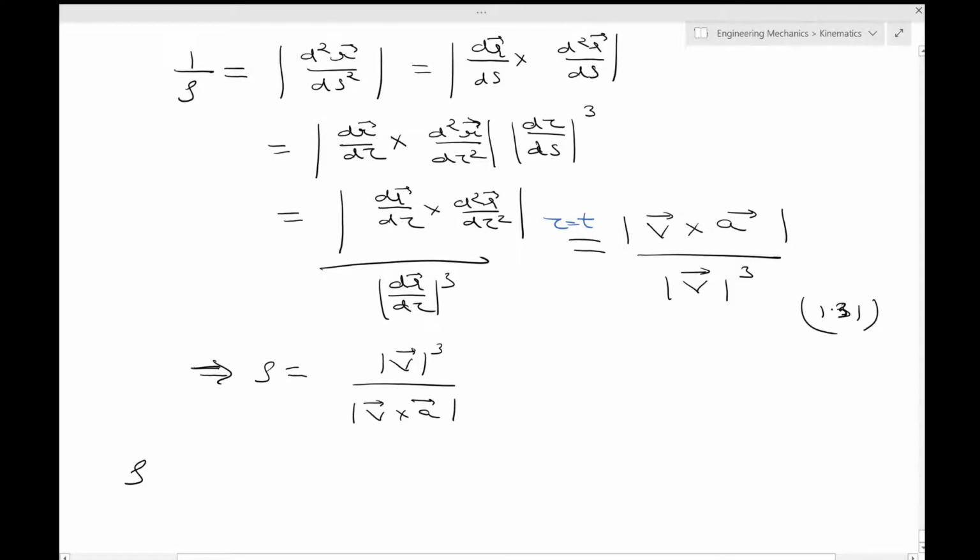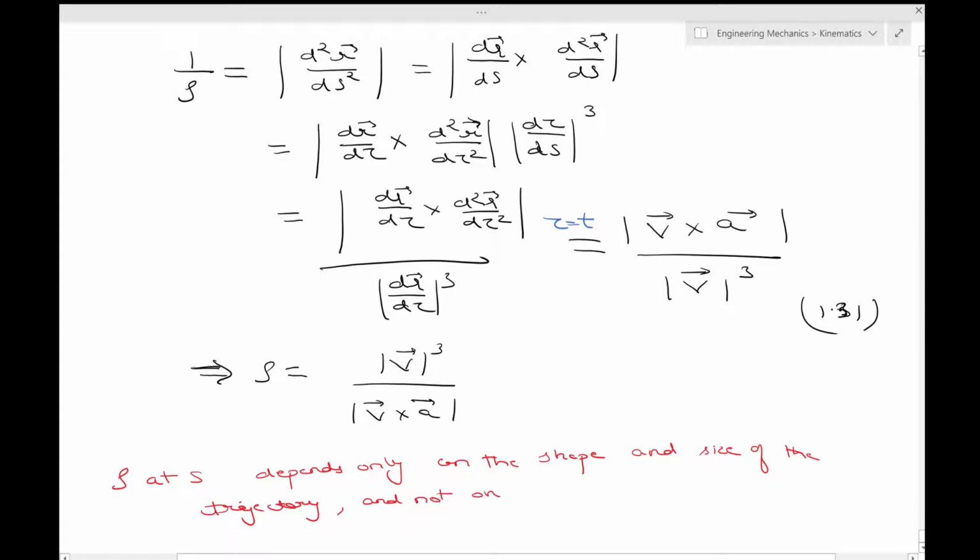Rho, which is the radius, rho at S depends only on the shape and size of the trajectory and not on how fast the point moves over it.